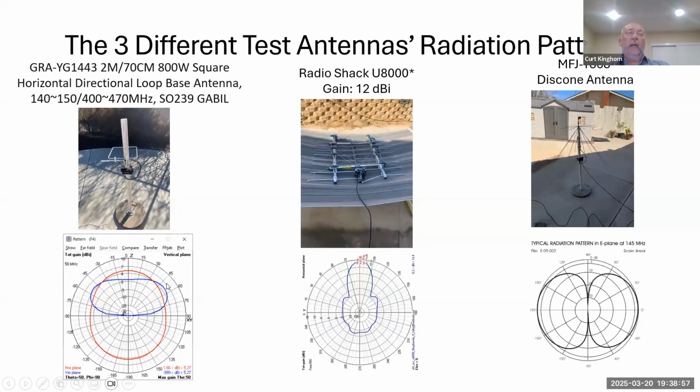So here's what the radiation pattern looks like for these. And remember, I'm trying to get as much of the sky as I possibly can. Here's how you read these radiation patterns. 6 o'clock to 12 o'clock is looking straight up, and 9 o'clock to 3 o'clock is the horizon.